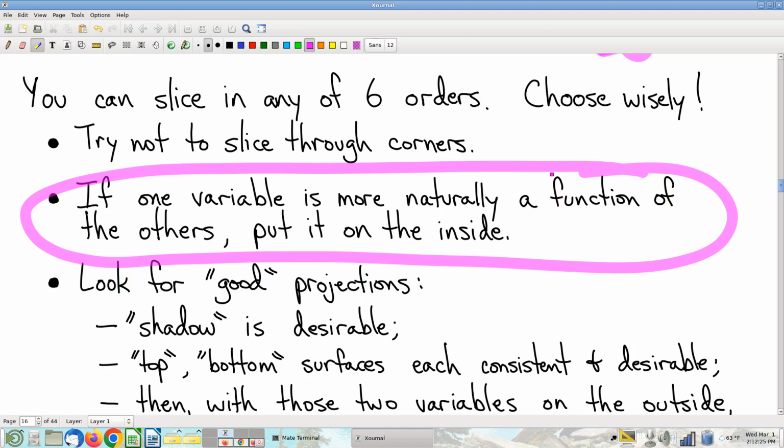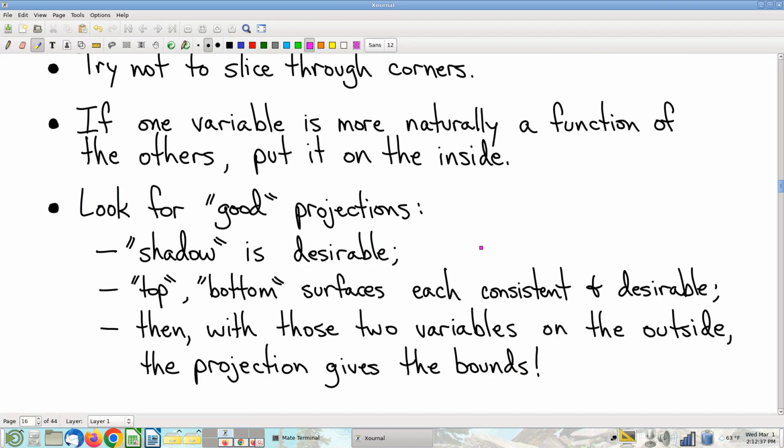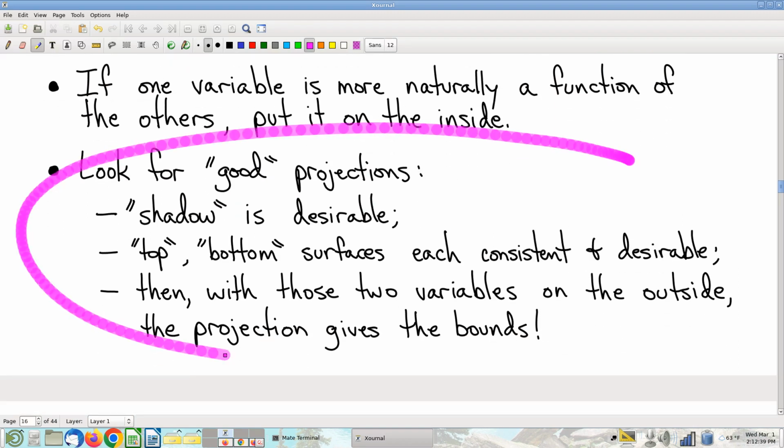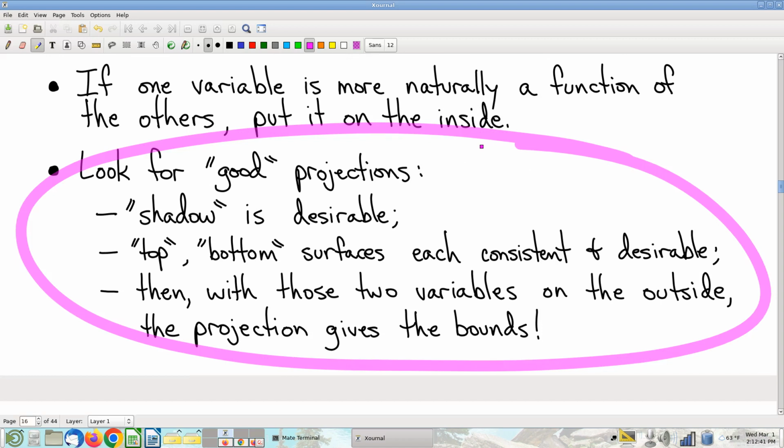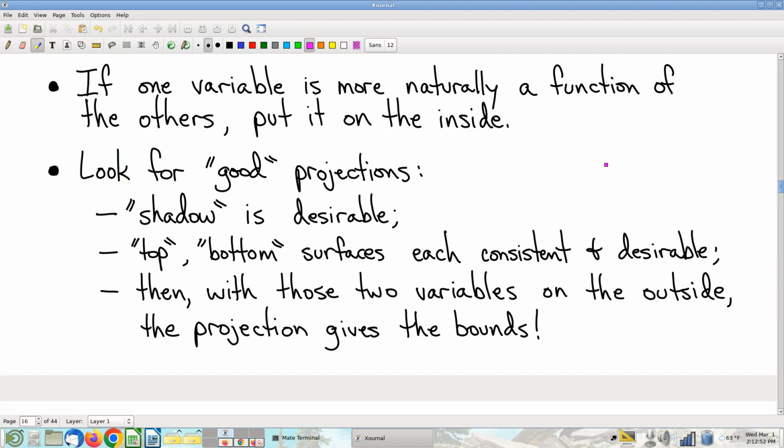So all else being equal, whatever is already, or what you would prefer to view as a function of the other variables, put that on the inside. If you can, all else being equal. Lastly, there's an observation here about projections, and the best way I think to explain these points about projections is first for me to get right into an example, and then I will come back as we go through this next example and explain what I mean by these points as we go through the example.